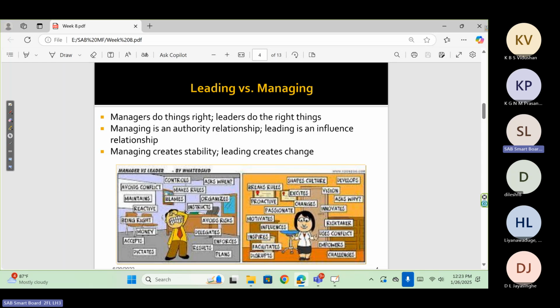Likewise, you can identify some other couples of words. When you consider risk taking, managers like to avoid risk. They don't like to take risks, but leaders are the risk takers. Then conflict. Managers always try to avoid conflicts, but leaders try to identify positive conflicts, so they may create positive conflicts among people.